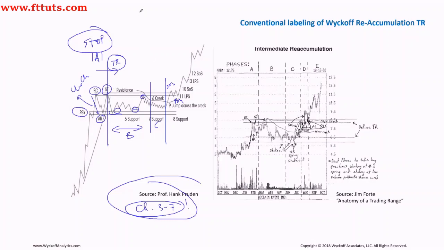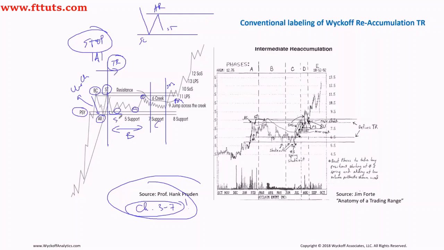It's almost as if it's reversed, right? So here is the accumulation, selling climax, automatic rally, secondary test. So we have a reversed mirror image of that accumulation in the reaccumulation in phase A. But everything else is the same.